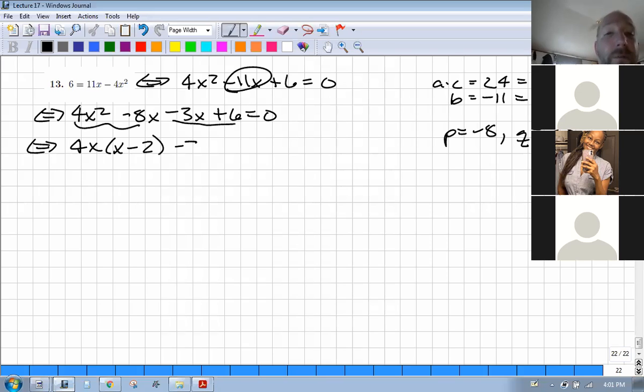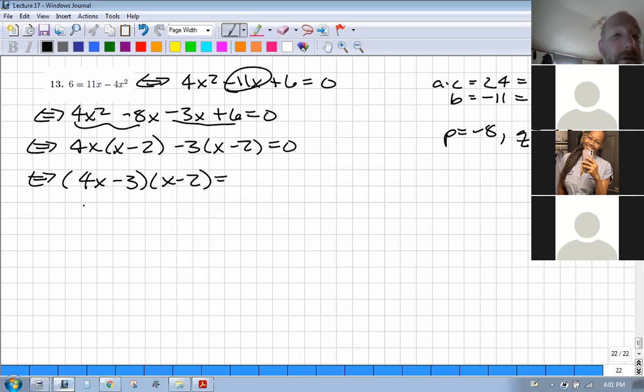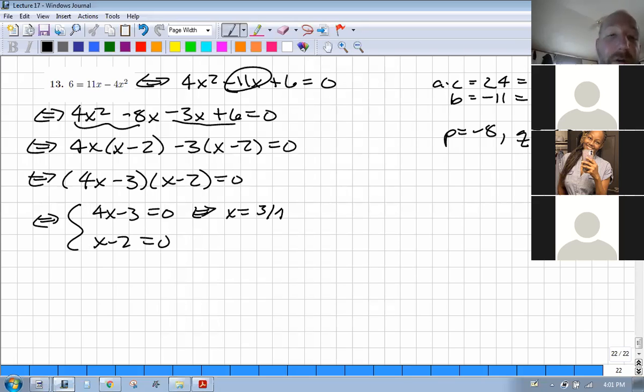Out of here, we'll pull out a minus 3. So now we have a 4x and a minus 3, both times an x minus 2. So either 4x minus 3 is 0 or an x minus 2 is 0. So either x is 3/4 or x is 2. There's our solutions.